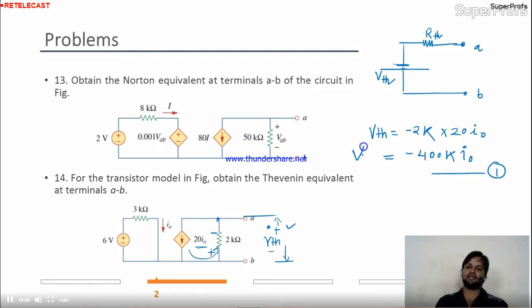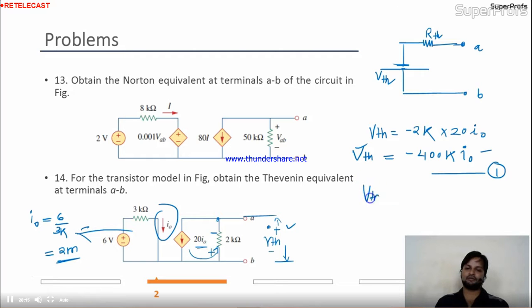Now here you can clearly see we are having only one unknown in the equation. While finding the value of VTH, we are getting I naught here. So can I replace this I naught? Yes, I can replace this I naught easily. The I naught is nothing but 6 divided by 3k, which is 2 milliampere.